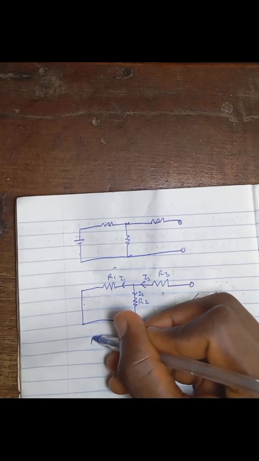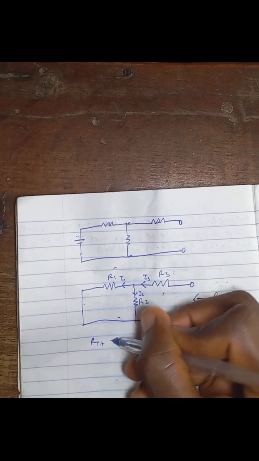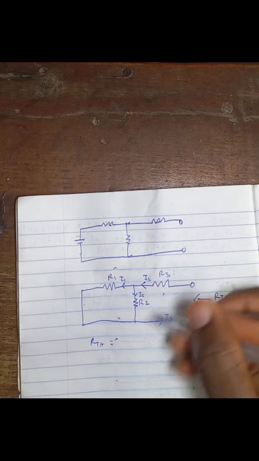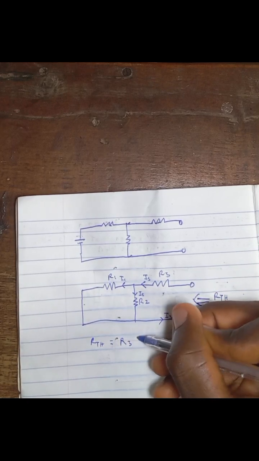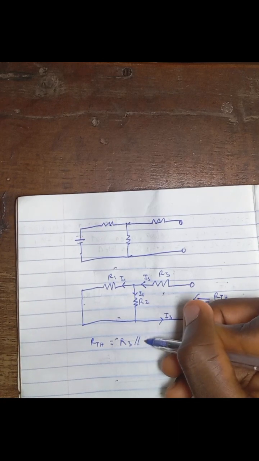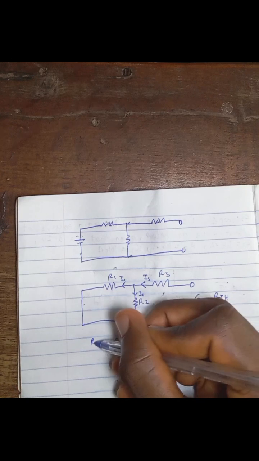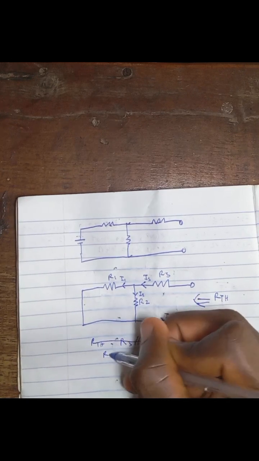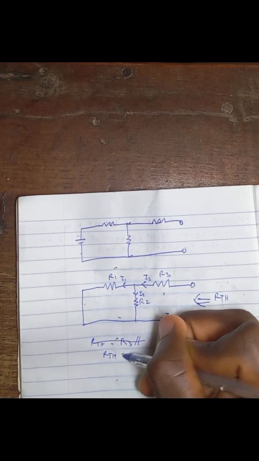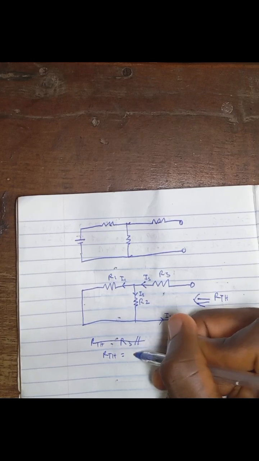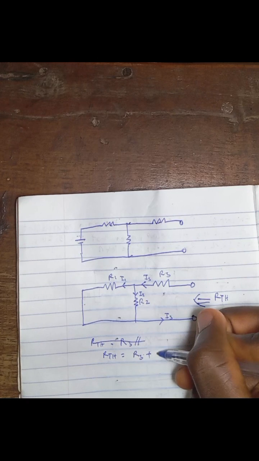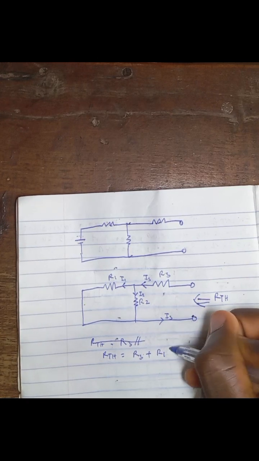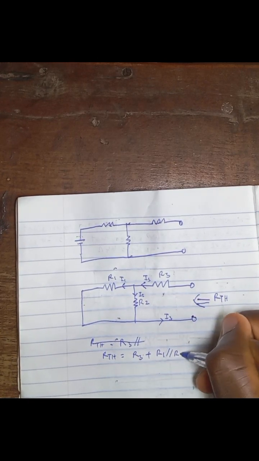So RTH is equal to R3 plus R1 parallel to R2.